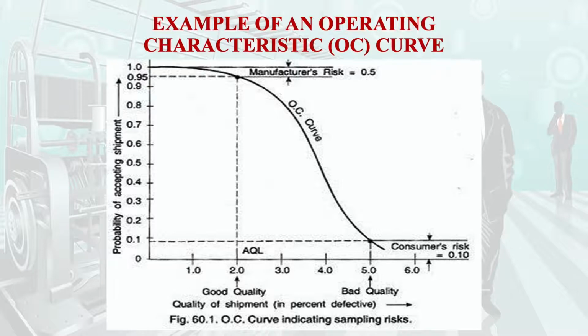You will see I have made 2 zones. In the bottom zone, that means the chances of accepting a bad lot, and the other zone is where the chances of rejecting a good lot.